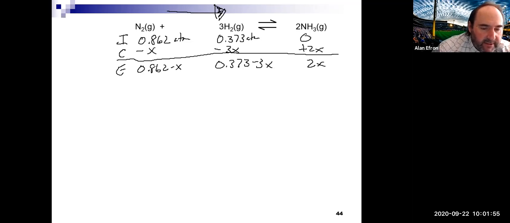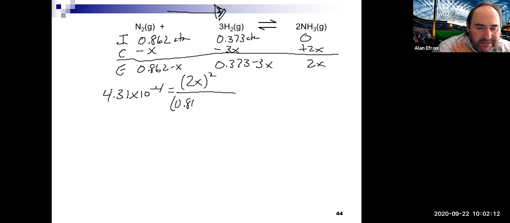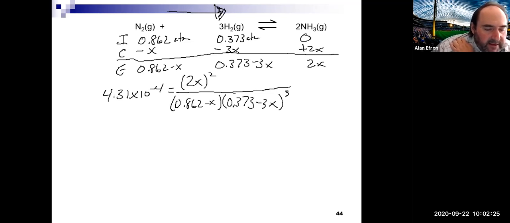We get that Kp, 4.31 times 10 to the minus 4, equals our product, 2x, squared, divided by 0.862 minus x times 0.373 minus 3x, which we need to cube. At this point, we could factor out and do some crazy math, but I don't think we want to do that, because it's a lot of math and I don't have much screen left.